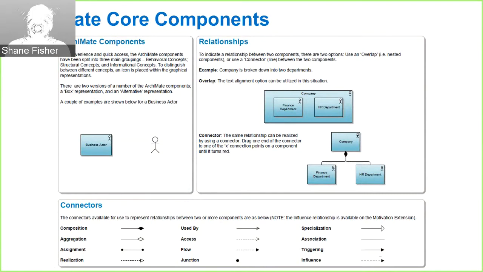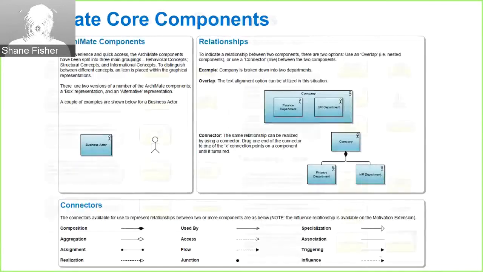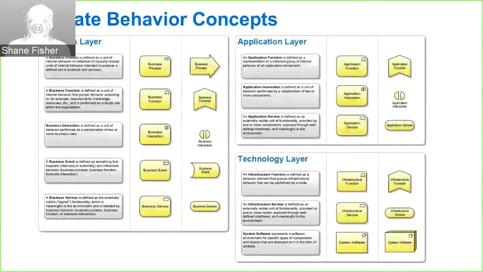Okay, so remember we talked about components. There's 3 main classes of components. We're going to look at each one of those. So there's behavioral components. These are things that can act, right? So a business process or a function or an interaction, an event. These are all active concepts, right?